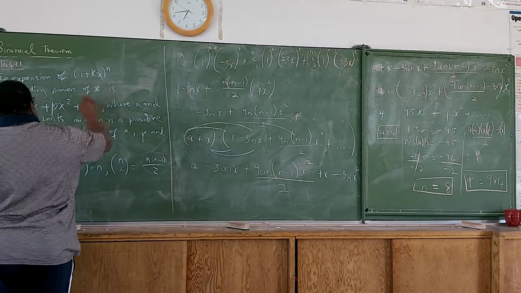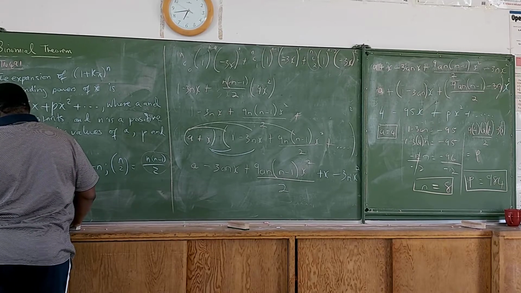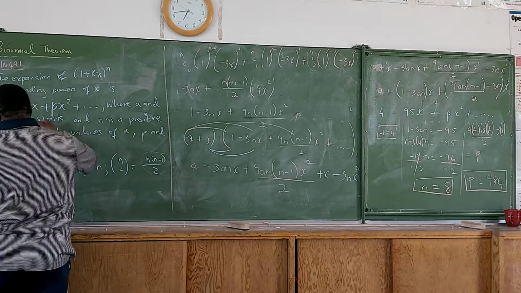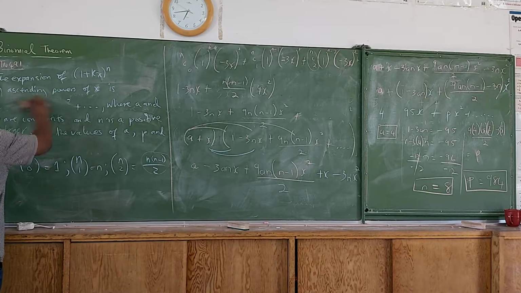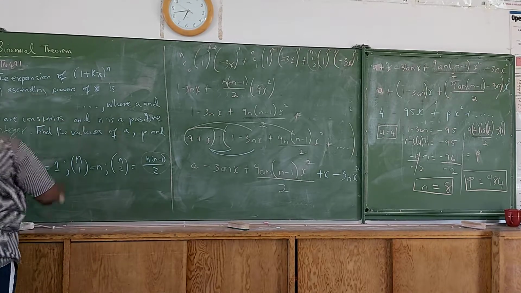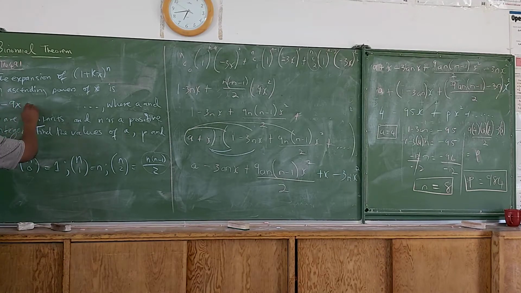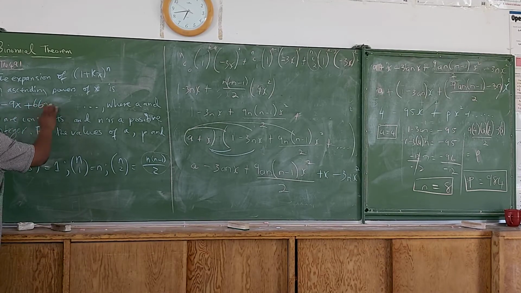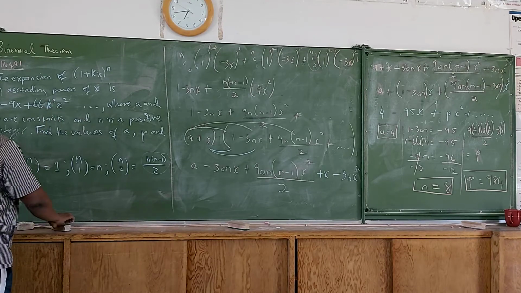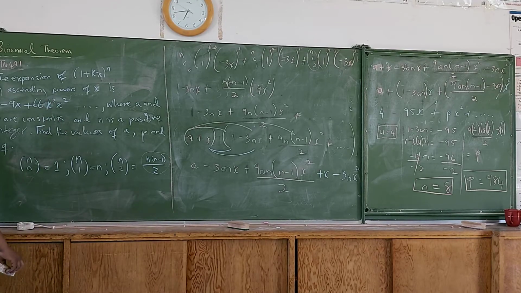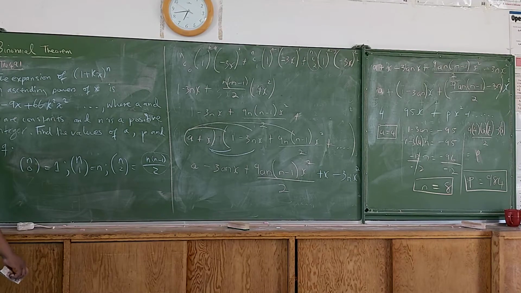The expansion is 1 minus 9x plus 66x squared, first k squared x squared, where k is a constant.